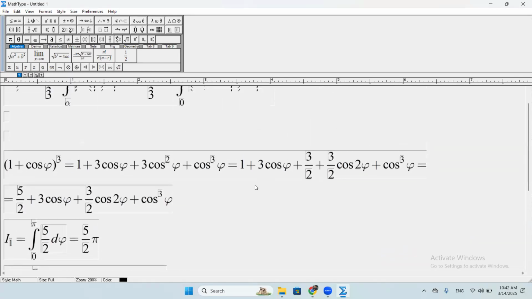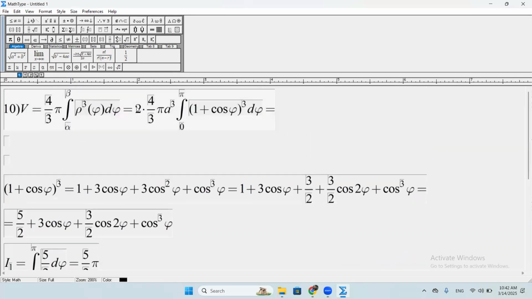So finally, what do we have? 8 over 3 pi a cube multiplied by I1 plus I2 plus I3 plus I4.